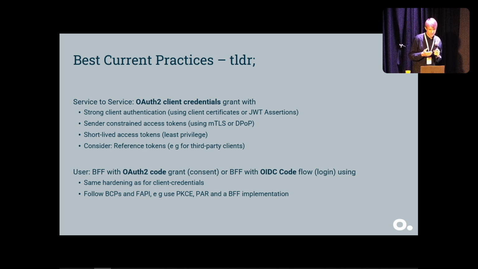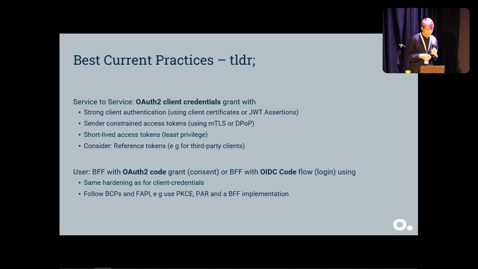Especially for third-party clients within banking and finance, maybe concerning the PSD2 directive, you should definitely consider reference tokens to not leak information outside your organization and to be able to revoke the tokens fast. So that was the service-to-service.